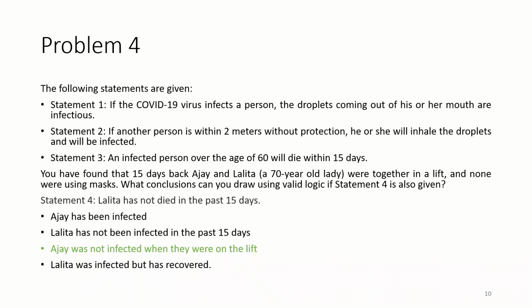But there could be chances why this is not an answer, because it is said in the statement that a person 70 years above will get infected and will die in 15 days. So that's the reason "Lalita has not been infected in the past 15 days" could not be an answer.